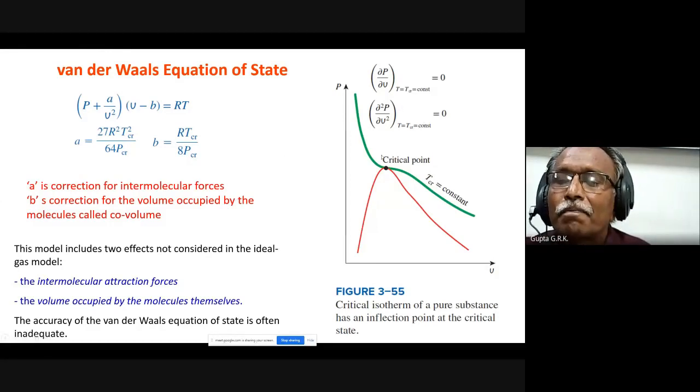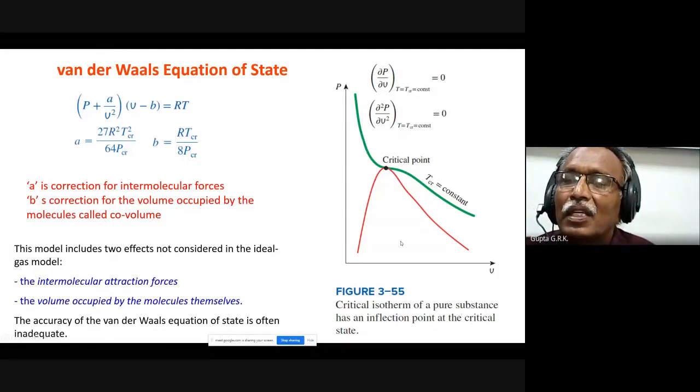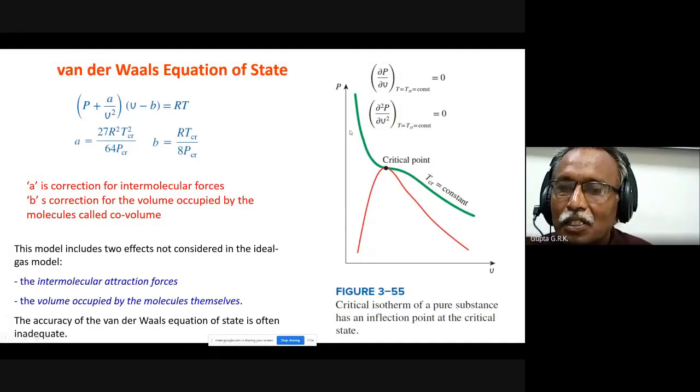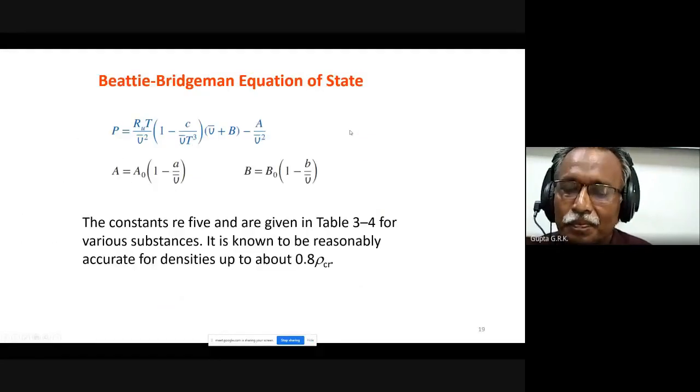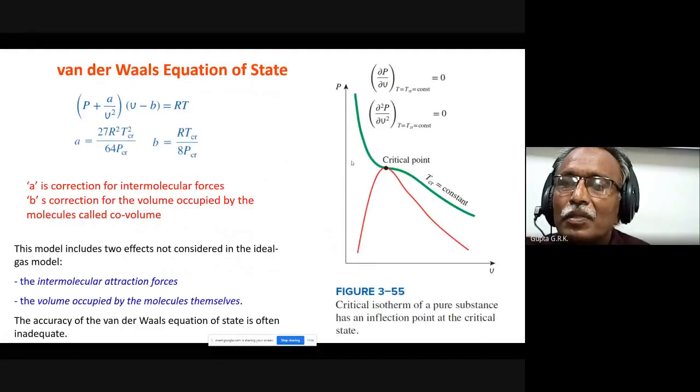The critical isotherm of a pure substance has an inflection point at the critical state. Anyhow, on a PV diagram, if I take isothermal lines, at a temperature here like this, it comes down this way, horizontal, and comes down.